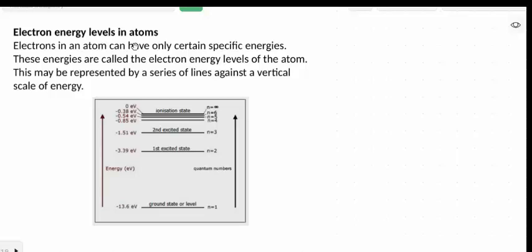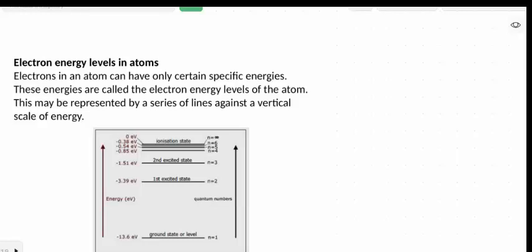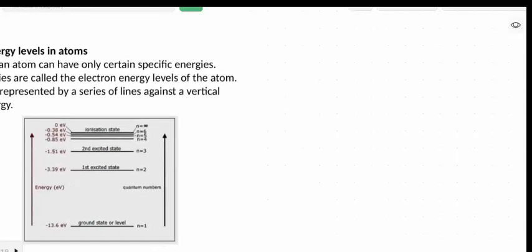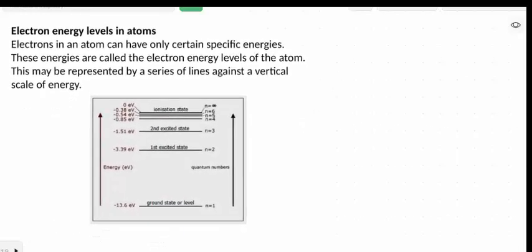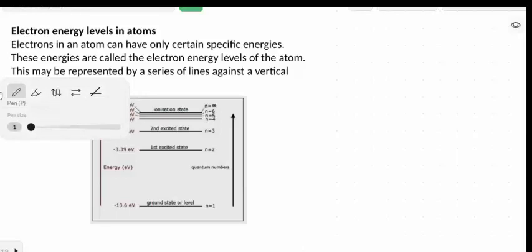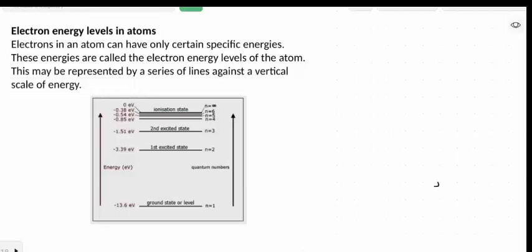Here we will study the electron energy levels in an atom. Let me draw, as you may understand better. We imagine this is the nucleus of an atom, like a hydrogen atom.